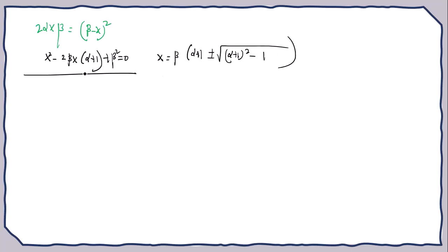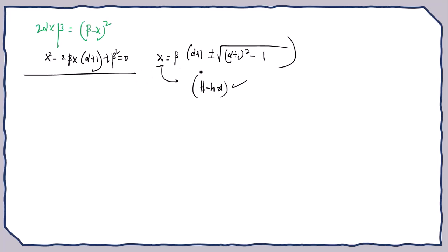Once I put the values of alpha and beta, we can conclude that x cannot be greater than the maximum possible level, so naturally it must be less than that.